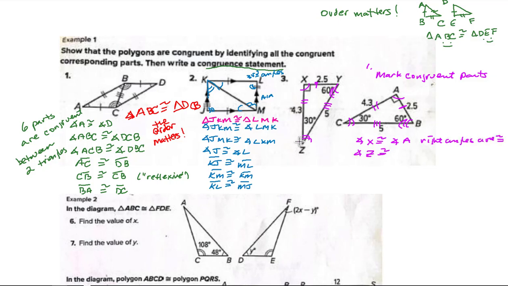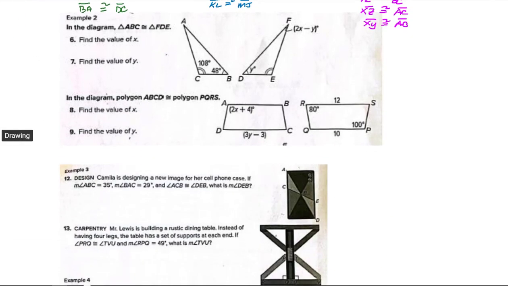We could say that angle Z matches with angle C, and that angle Y matches with angle B. Now we can get away with only using one letter to name these, because there are no other vertices to confuse things. Segment YZ is congruent to BC, segment XZ is congruent to AC, and segment XY is congruent to AB.